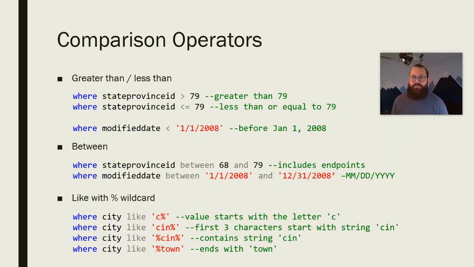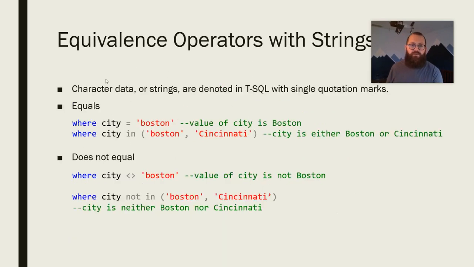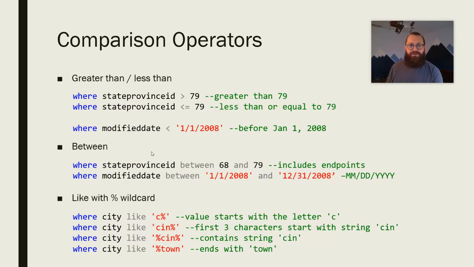Jumping into the comparison operators, comparison is maybe a bit of a misnomer because equivalence is ultimately a comparison, but this was to support some grouping in a way that I think makes sense. Going beyond equivalence, we would look at cases of greater than or less than or equal to together with that.